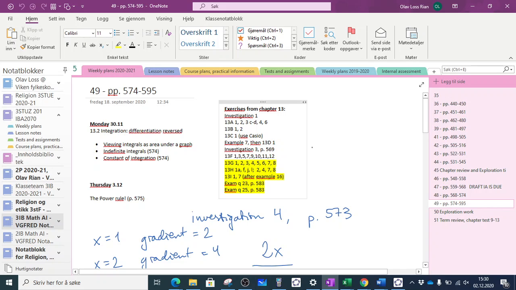The important thing here would be that n is different from -1, and n is also an integer.